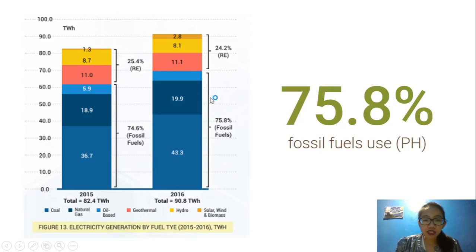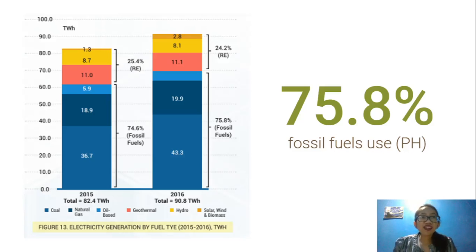By 2016, as you can see, the blue area is fossil fuels. That's a combination of mostly coal followed by natural gas and oil. Then we have some renewable energies, which is only 24%. So very dependent on fossil fuels.